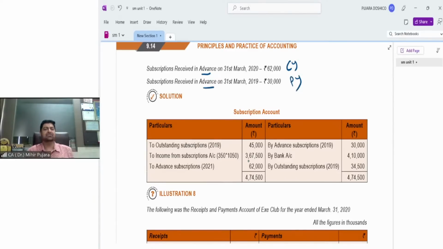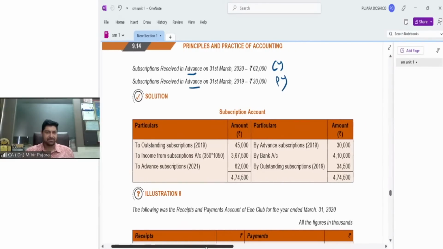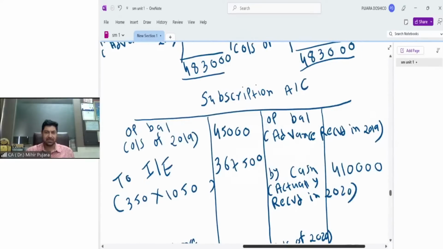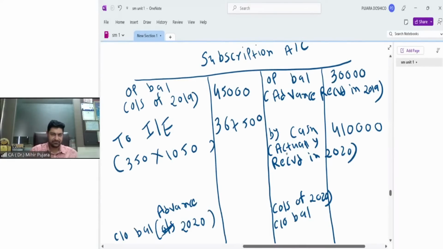This is advance of previous year. 30 and 62. 30 previous year, 62 current year. Got it, guys?